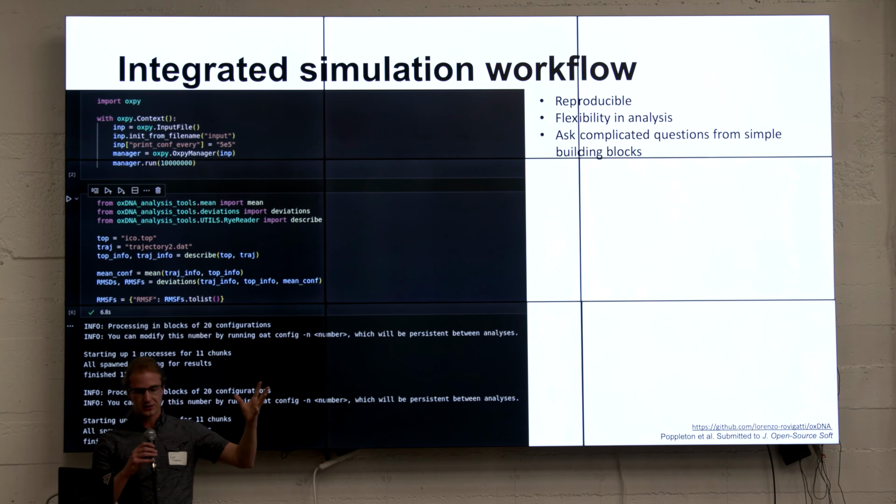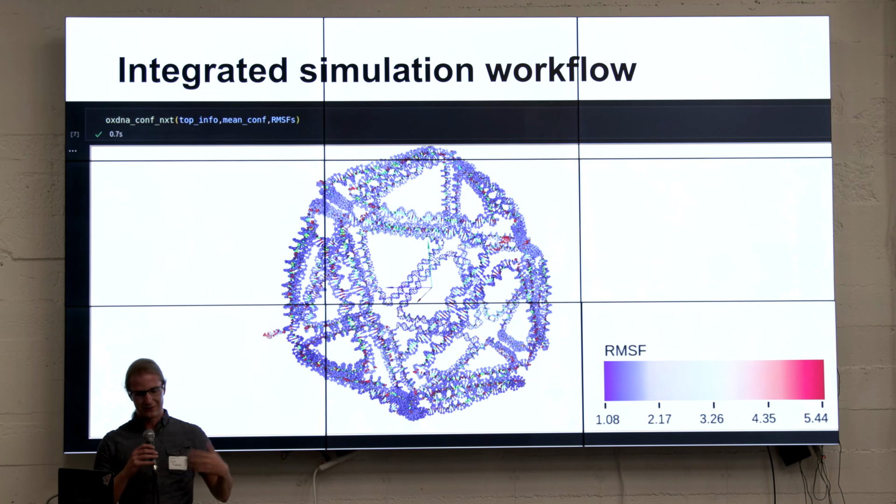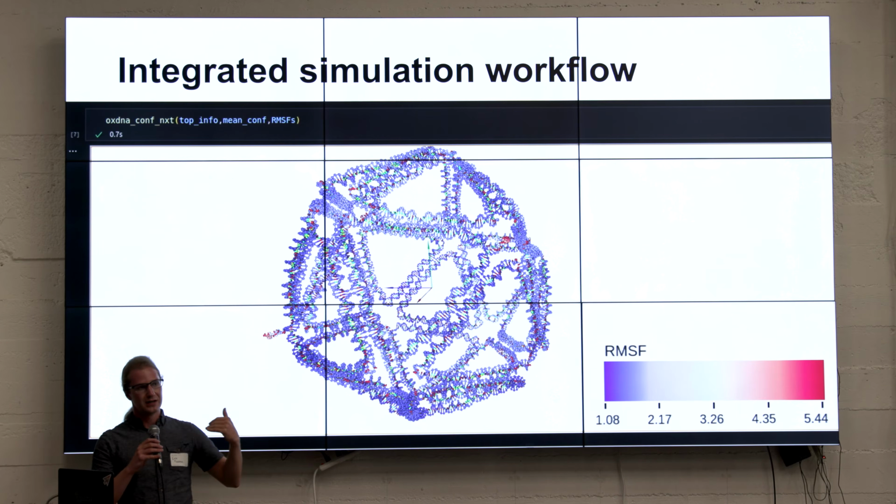So you can start a simulation, you can analyze the simulation using the Python library that we wrote, and then Misha did some JavaScript wizardry, and you can even just pull up your OxView visualizations inside the notebook as one integrated simulation environment, which, at least from the perspective of structural DNA characterization, is going to be awesome as far as iterating through designs.